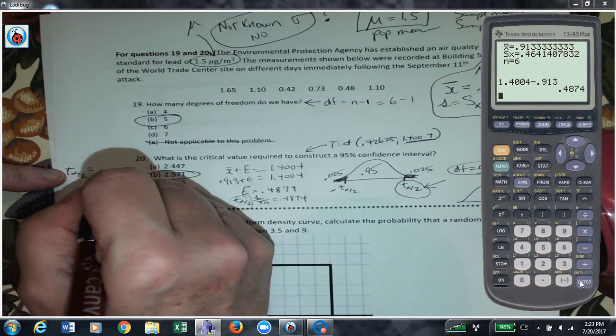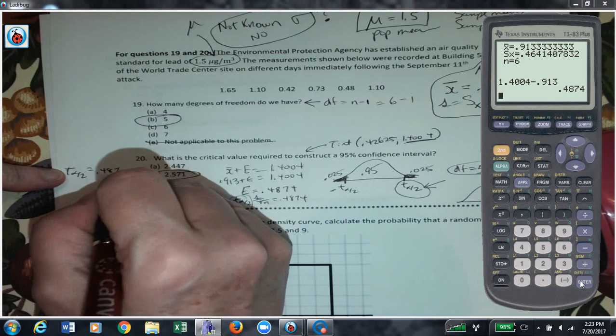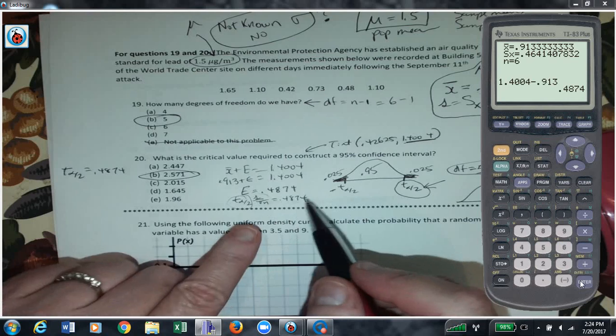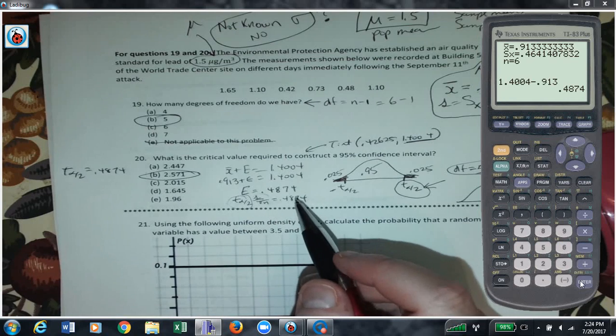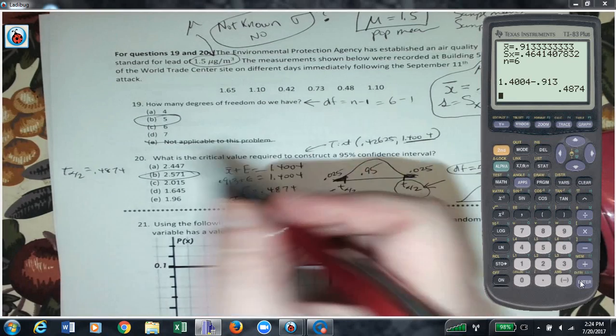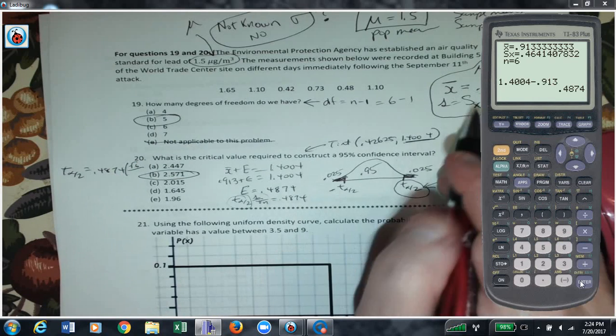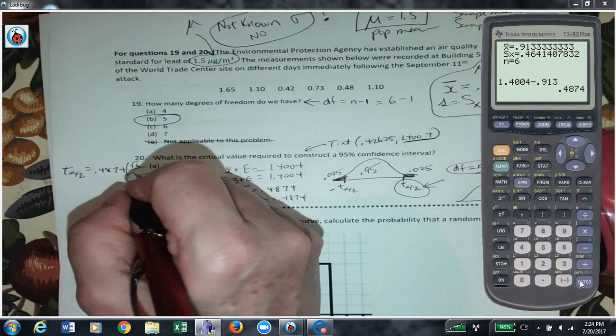It's going to be 0.4874 times the square root of N, which was 6, divided by S, and S was 0.464.